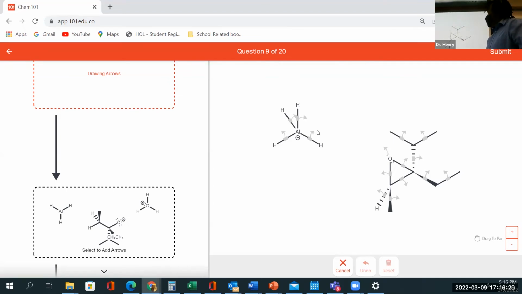The carbon with the most hydrogens. This one right here? This carbon right here. Okay, because that's. Are you sure it's not this carbon here? This has 4.